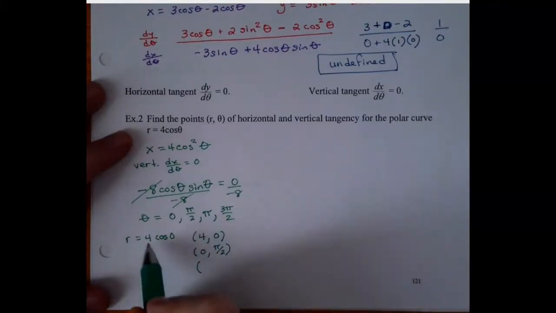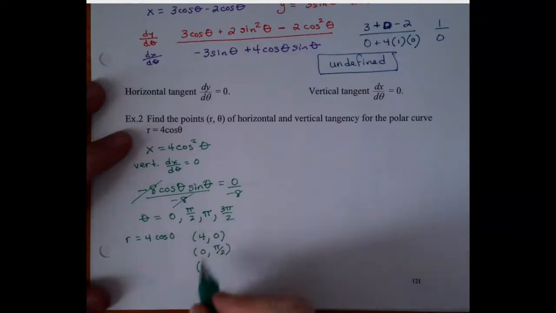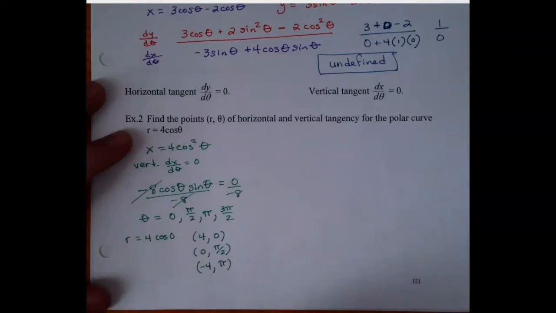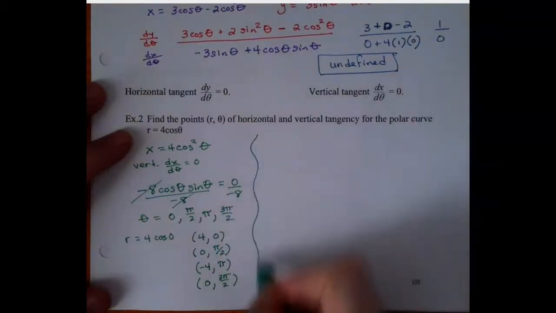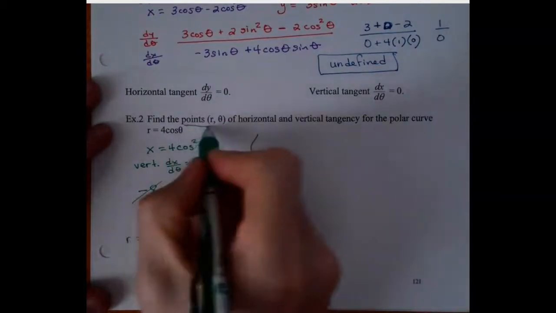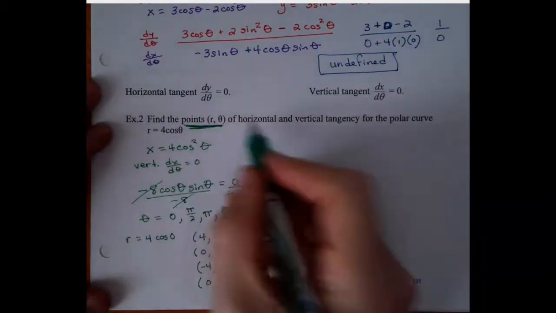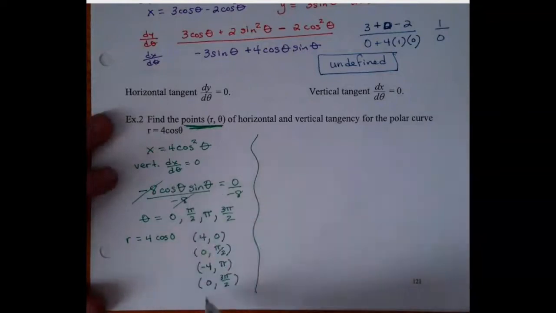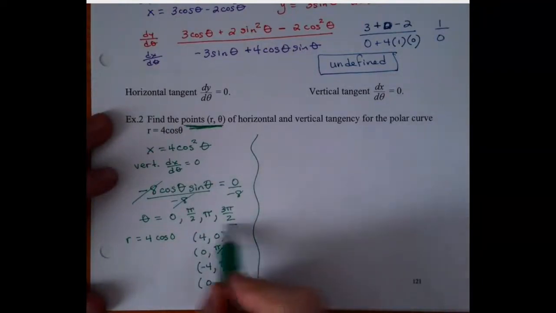And then if we plug in pi, cosine of pi is -1, so that'll be -4 when the angle is pi, and finally that last one will be 0 when we plug in 3 pi over 2. Okay, so those are the points. Find the points where there are vertical tangent lines.